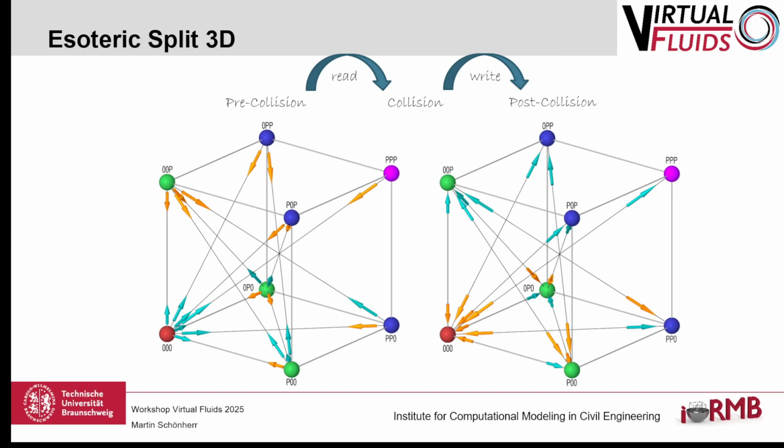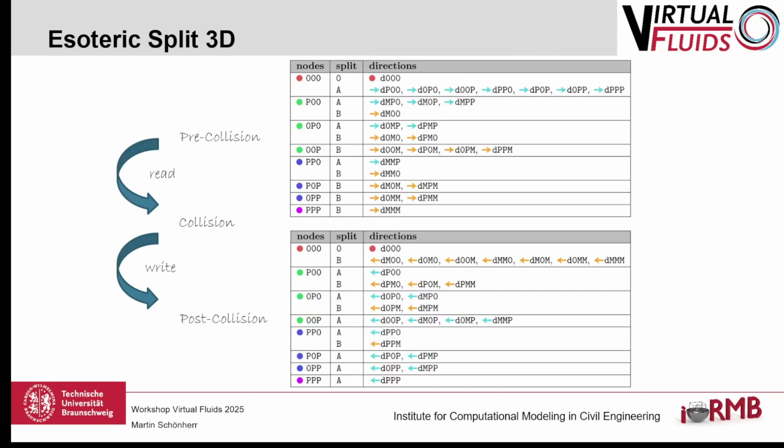We also need it for some central finite difference calculations, so you also need the neighbor on the other side. It's one additional array. We talked a lot about whether we need it, but I guess we do. Okay, this is also sketched here, where which population is stored in pre-collision and post-collision.